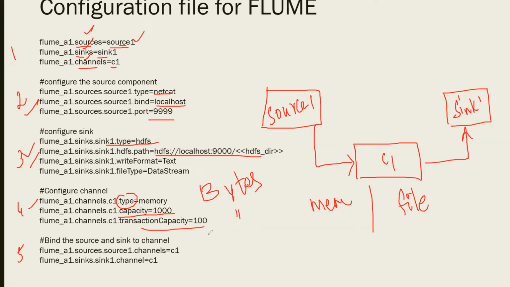And finally, the binding part of your source, channel and sink, which is establishing this line. It tells you this source has to be connected to this particular channel, and similarly this sink has to be connected to this particular channel. Establishing this line is the last part of your code, which is your binding.